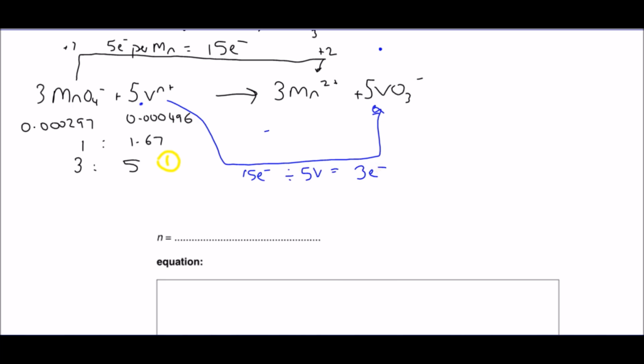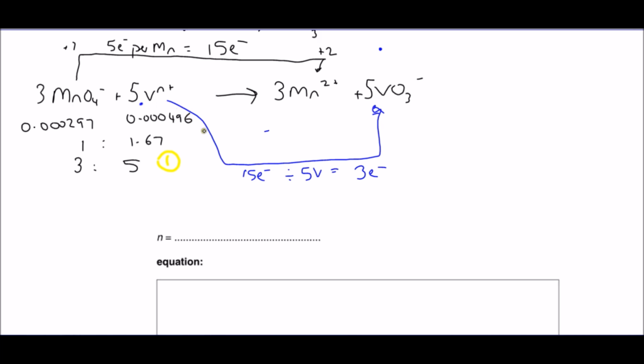Okay, so this is the tough bit to follow, so let's just go through it again. Each Mn changes by 5 electrons, going from +7 to +2. There are 3 Mn's in this equation, so if each one changes by 5, that's 3 times 5 gives us a net change of electrons of 15. Because it's a balanced equation, we've got to have the vanadium changing by 15 as well.